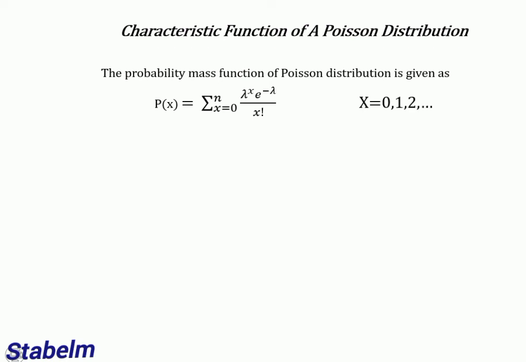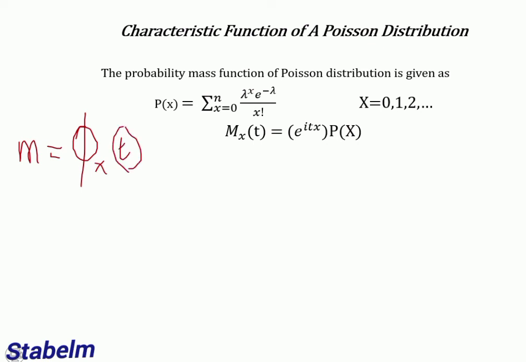And the characteristic function is given as m subscript x of t equals the expectation of exponential iota tx times the probability of x. Like I said the other time, this m could be written as phi in some other textbooks.